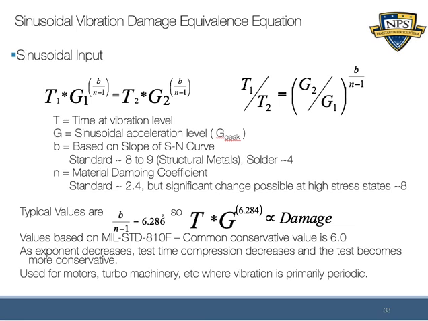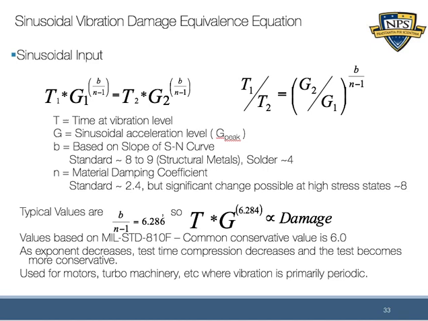And then the N is the material damping coefficient. The standard there is about 2.4, but it's good to know that can creep up to higher values. And so there's a value of 8 shown as being on the higher end. But as a result, the typical values for sinusoidal vibration inputs tend to be around a value of 6.